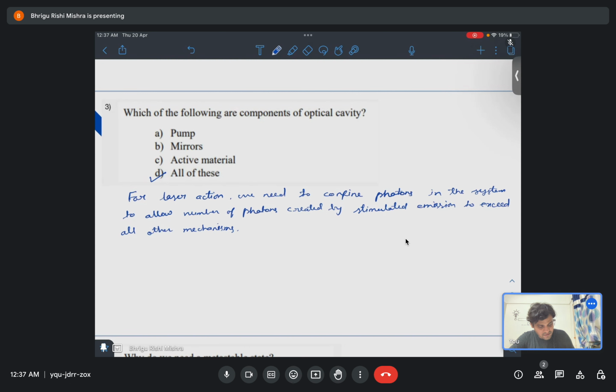Okay, so this is achieved by bounding the laser medium between two mirrors.